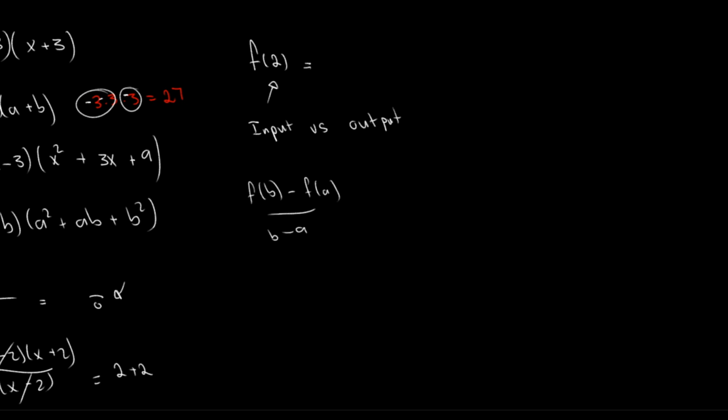So rate of change concepts, right? So understanding what input versus output is fundamentally very important. The word you might be familiar with is evaluate. So evaluate f of 2. Let's say we're given some function x plus 2. We can evaluate this as 2 plus 2. Therefore, it's 4. Now this concept relates all the way to a derivative concept.